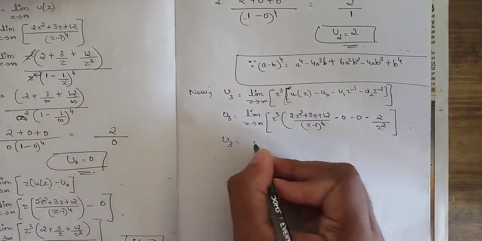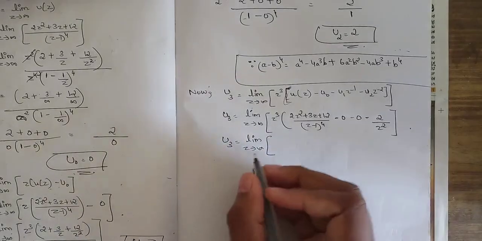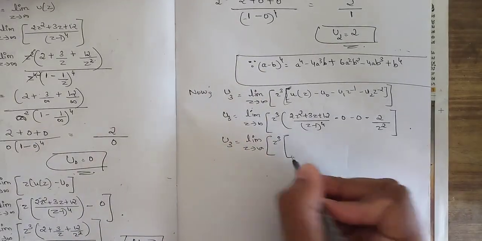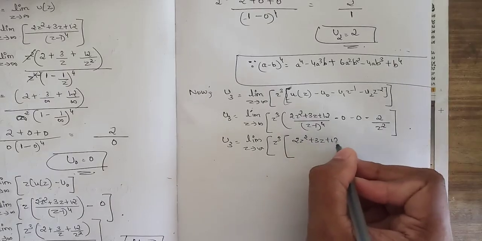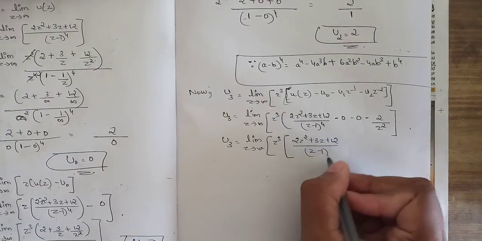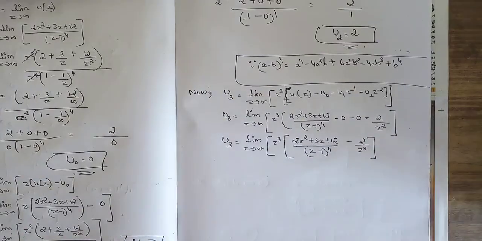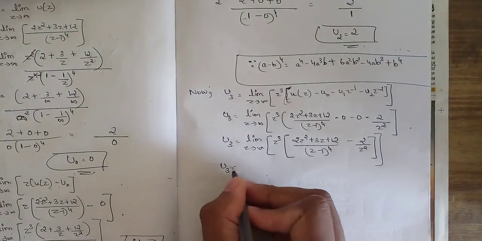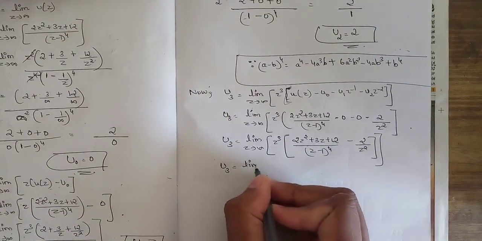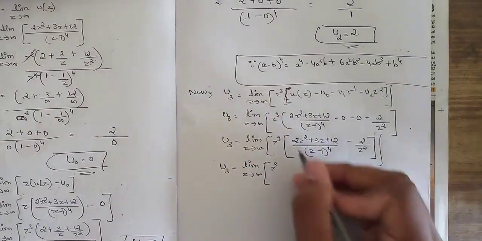Now we need to take the LCM. Before that, let's write these two terms together: (z minus 1) whole to the power 4 minus 2 by z square. So now let's take the LCM for these two terms.